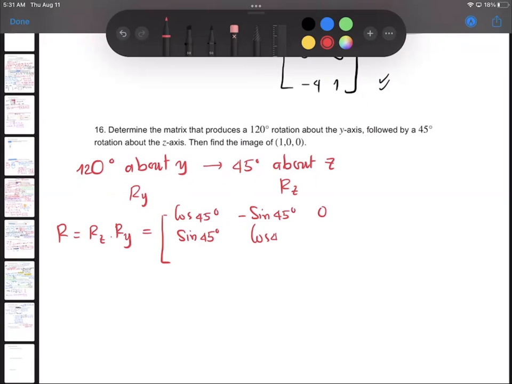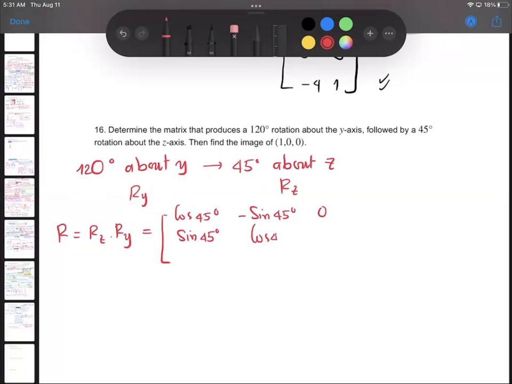Ry is cosine theta, then 0, sine theta, and we have 0, 1, 0. Then we have sine theta, oh, no, negative sine theta. See, be careful with the sign. 0. Then we have cosine theta. Okay, so cosine of 45 is √2/2.